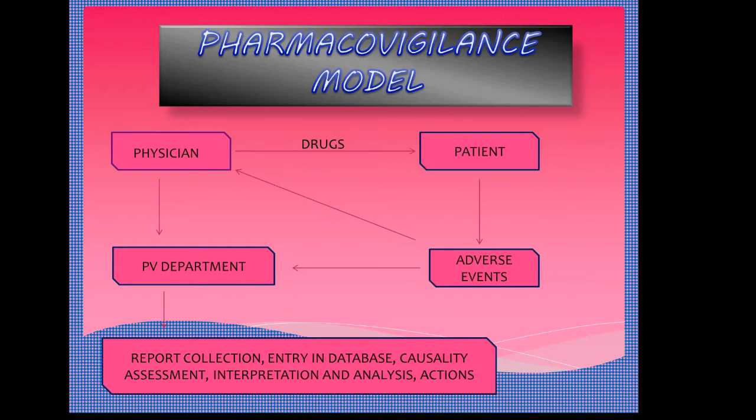For example, if a child is experiencing some sort of event and the child's parent is reporting that to the PV department, and the causality is determined to be probable, then the research will continue, and accordingly, if required, they will see that the drug is no longer prescribed to that particular child or the child population. So in this way the research continues. So this is the basic model of pharmacovigilance.